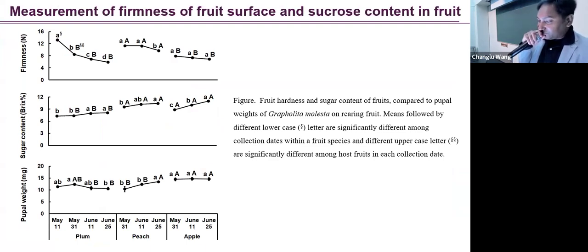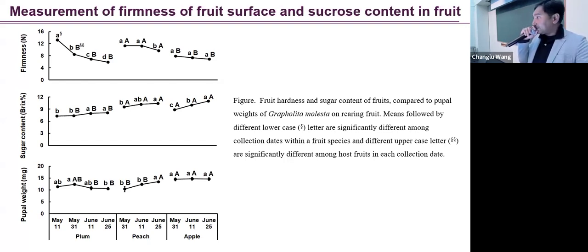If you see the firmness in the plum fruit on May 11, the firmness is higher, and the sugar content is also lower compared to the later stage. But the pupal weight is quite good.